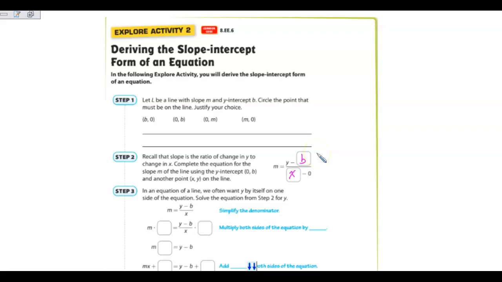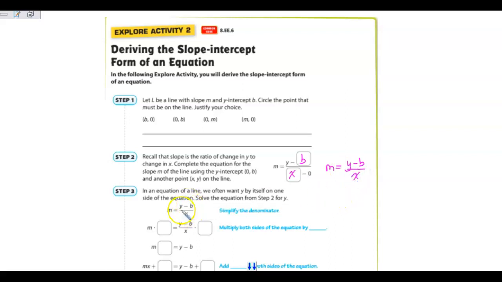We always want to get y by itself. And so if we want to get y by itself, what should we have to move? Well, I can simplify this, and this is going to be m equals y minus b over x.